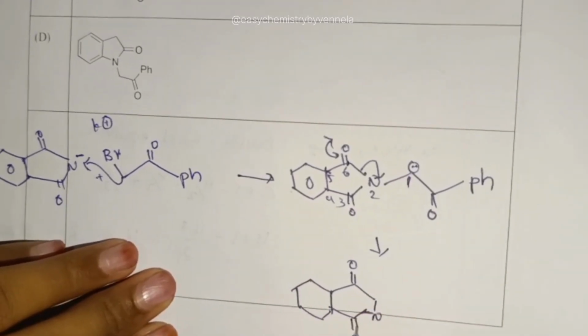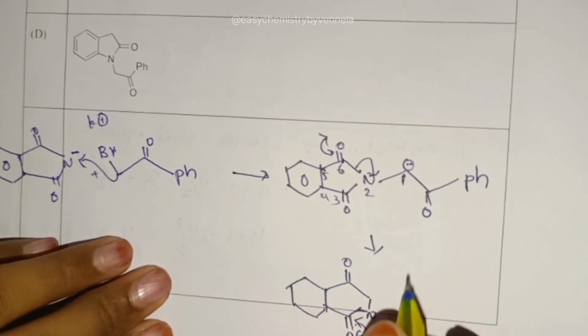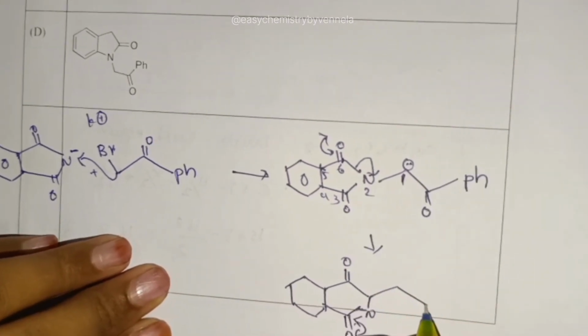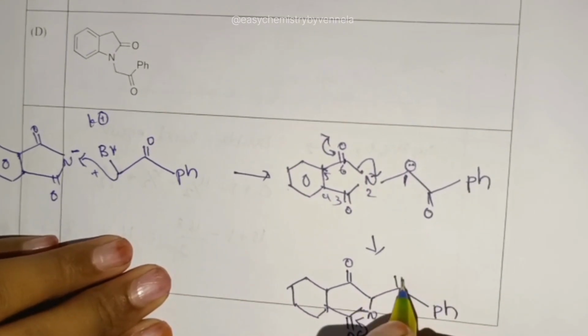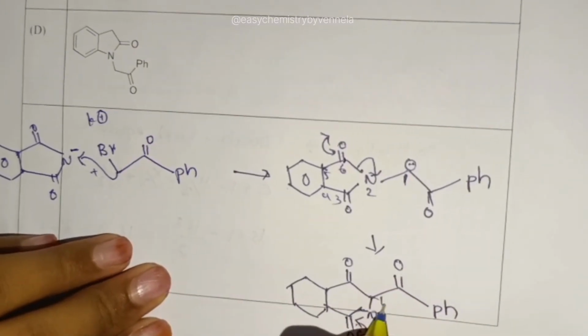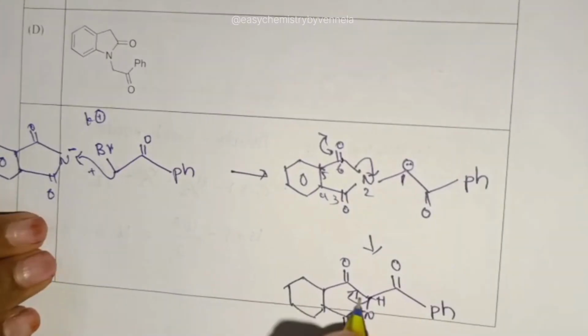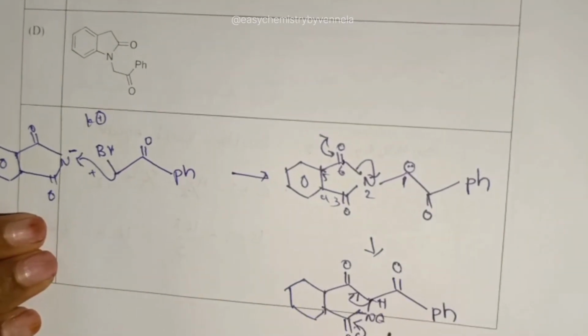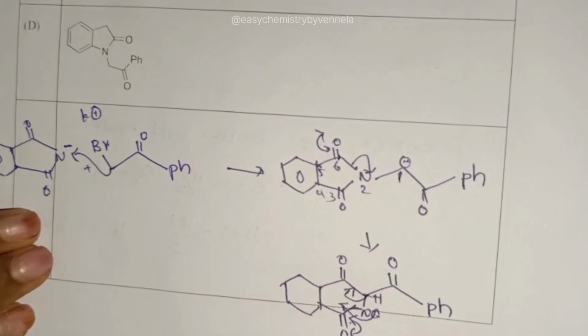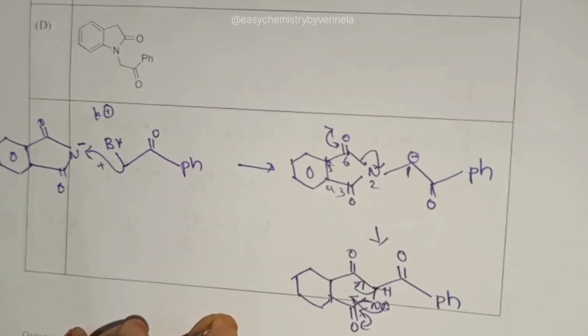Nitrogen. Here back-to-back resonance is there. It will attach here. Here hydrogen. This bond migrates here. And this negative also attaches.